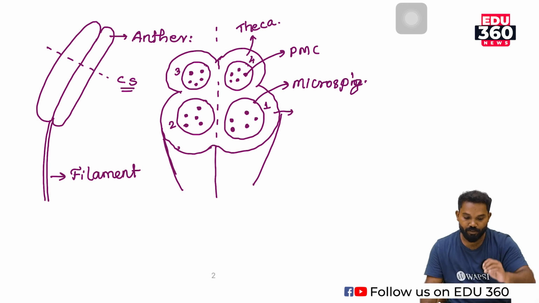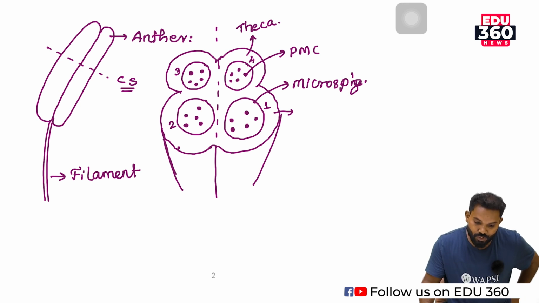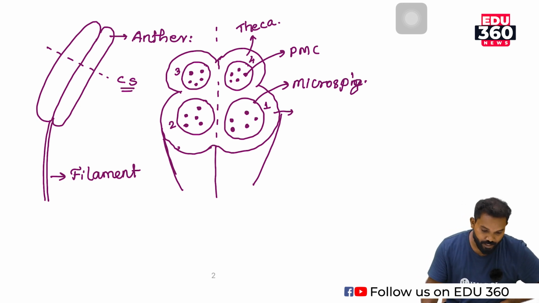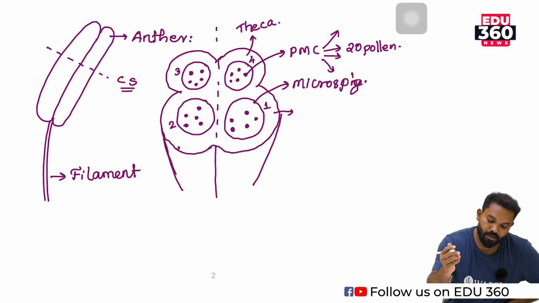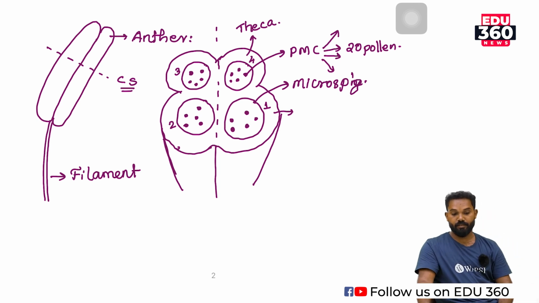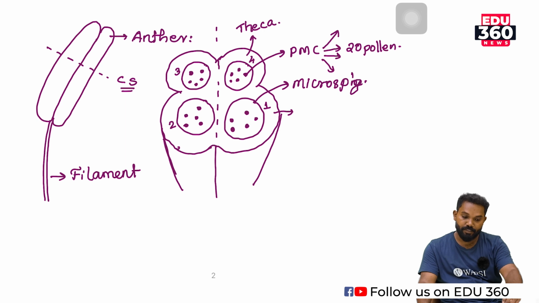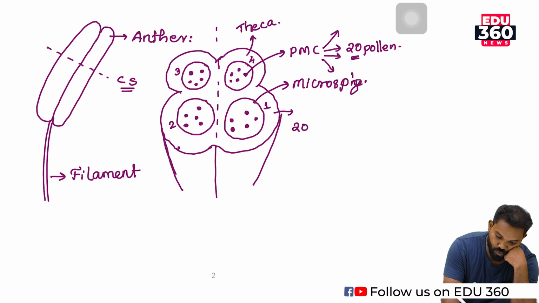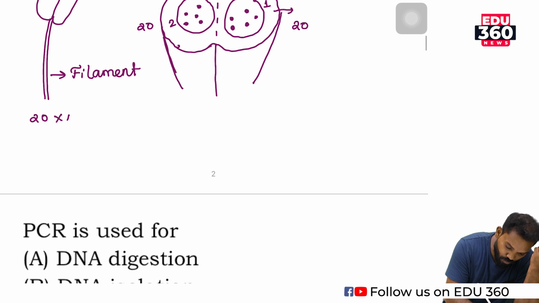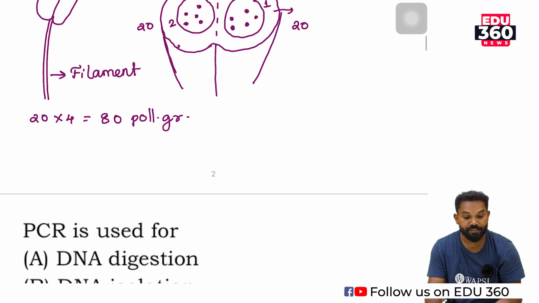Then there are 4 microsporangia in an anther, each having 5 pollen mother cells. The 5 pollen mother cells undergo meiotic division and produce 20 pollen grains. So how many pollen grains are present within the stamen? 20, 20, 20, 20. So 20 into 4, there are 80 pollen grains in a stamen.